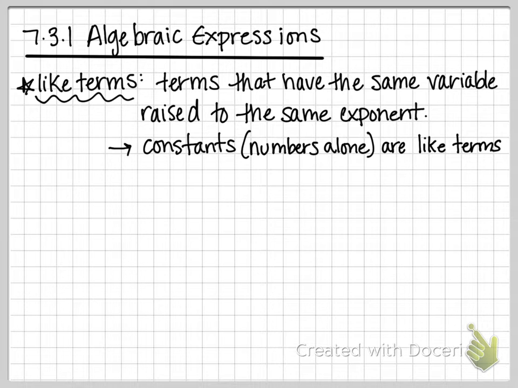So just like 128 is a like term? It's a constant. And it could be combined with another constant like 7. Right? Because they're both constants. It'll make more sense as we keep going through. Don't worry.